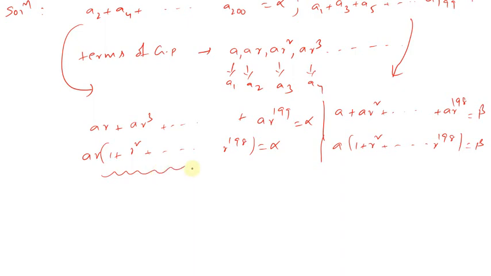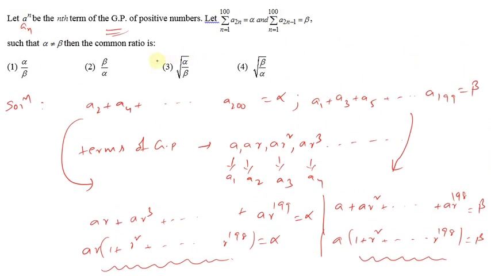This expression is the same as this expression. So divide these two. Alpha by beta is equal to r only, since a into this expression gets cancelled. So finally, what we have to calculate, the common ratio, is equal to alpha by beta.